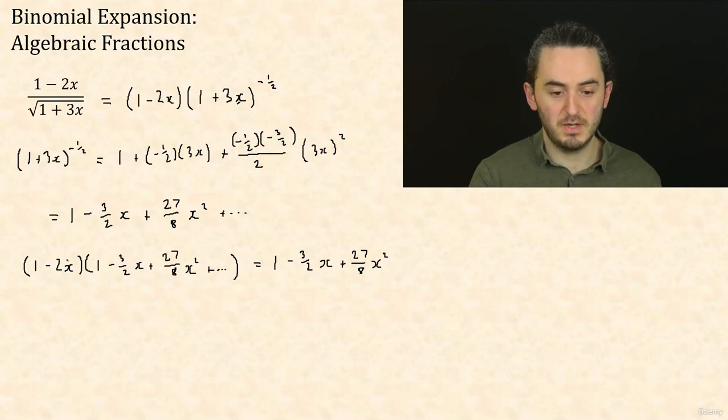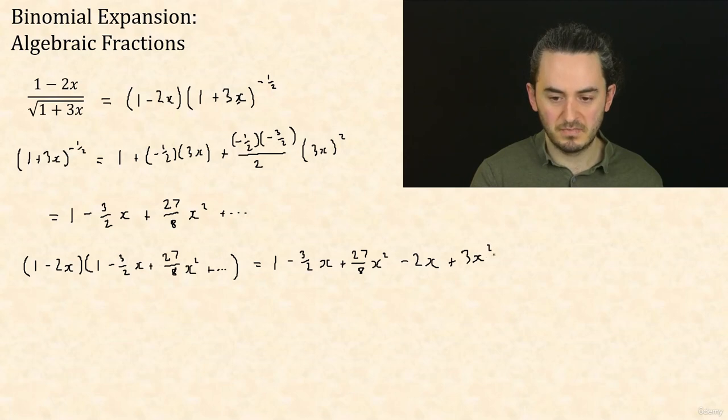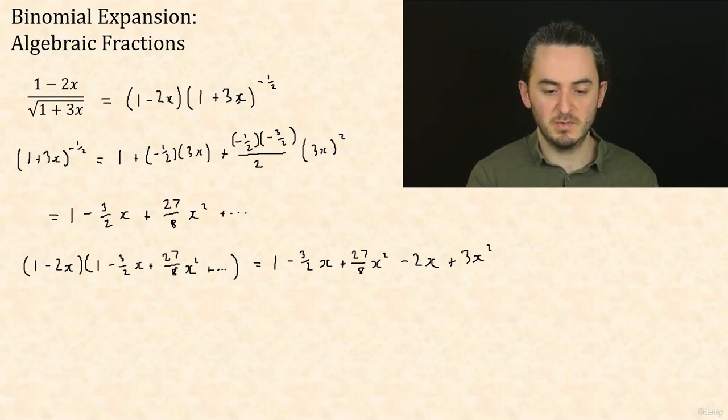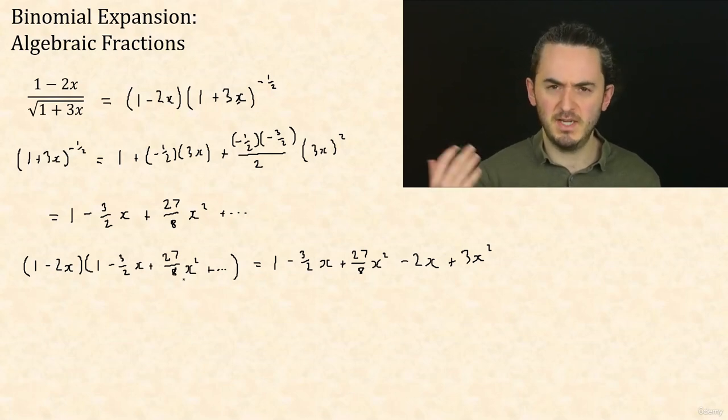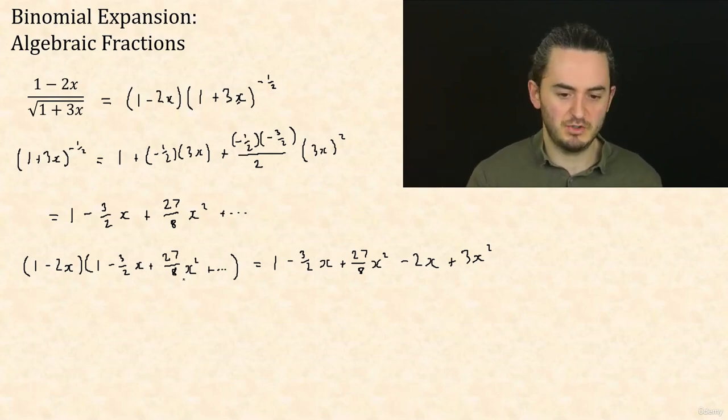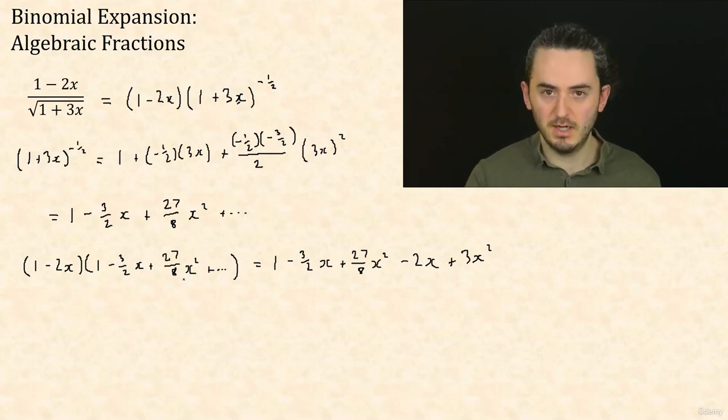And now if I multiply by the negative 2x, I get minus 2x times 1, that's minus 2x. Minus 2x times minus 3 over 2 x, which is plus 3x squared. And okay, this is the point where I don't need to bother anymore because I could multiply negative 2x by 27 over 8 x squared, but that gives me an x cubed term.